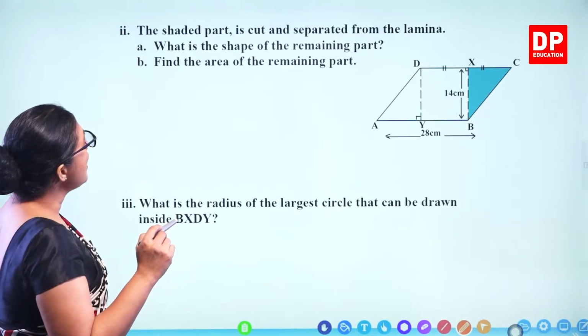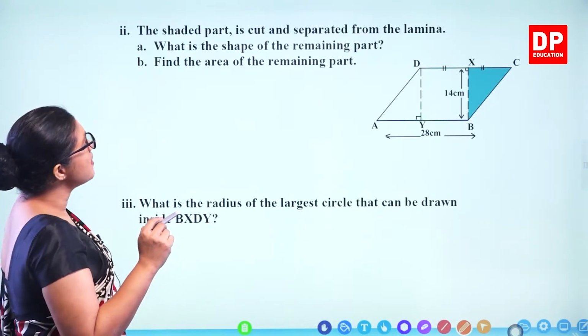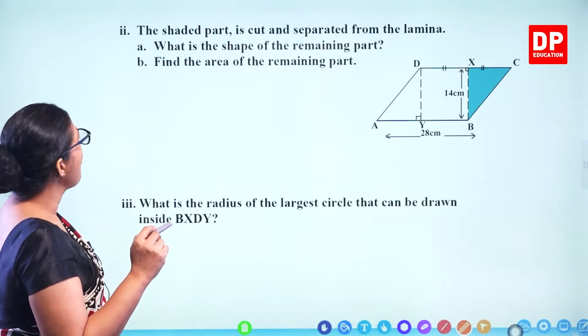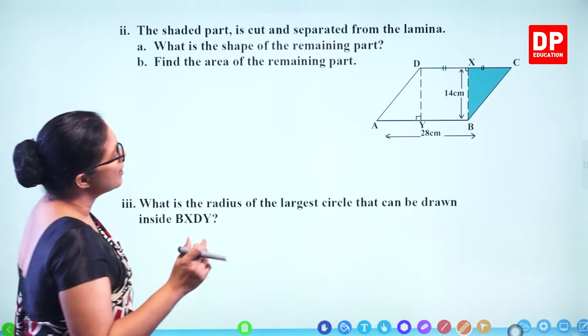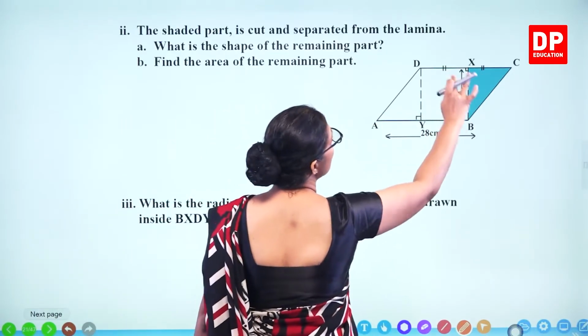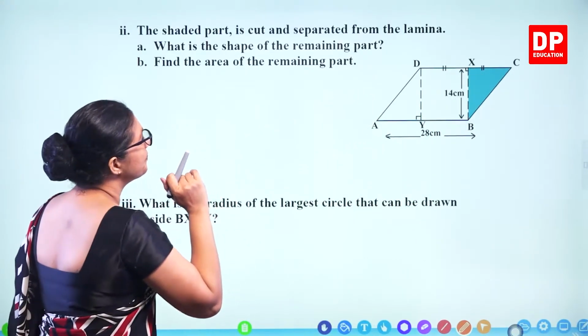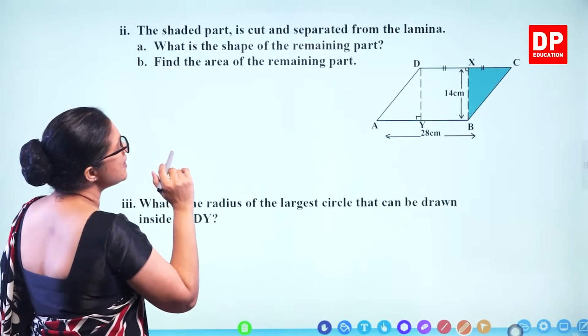Second part, the shaded part is cut and separated from the lamina. What is the shape of the remaining part? So, what you get? When you cut it, you get a trapezium. So, trapezium is the shape.